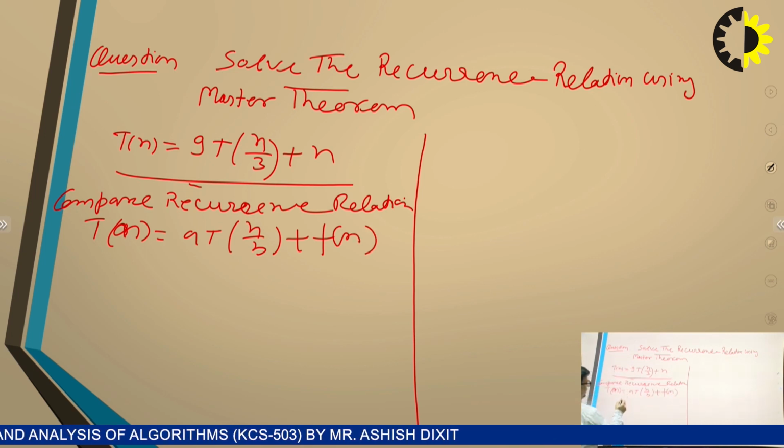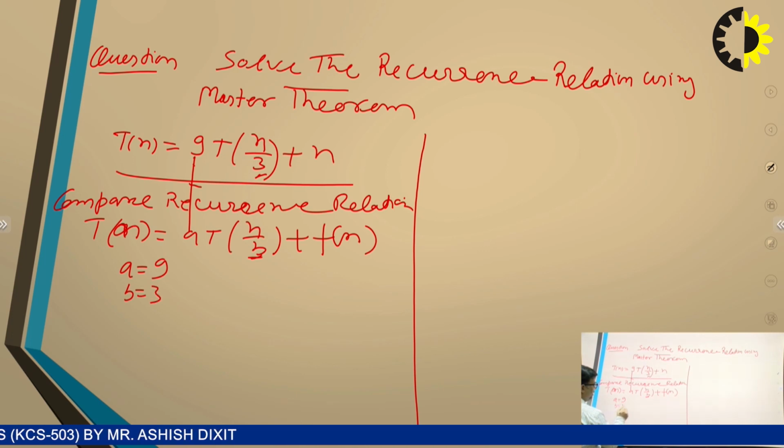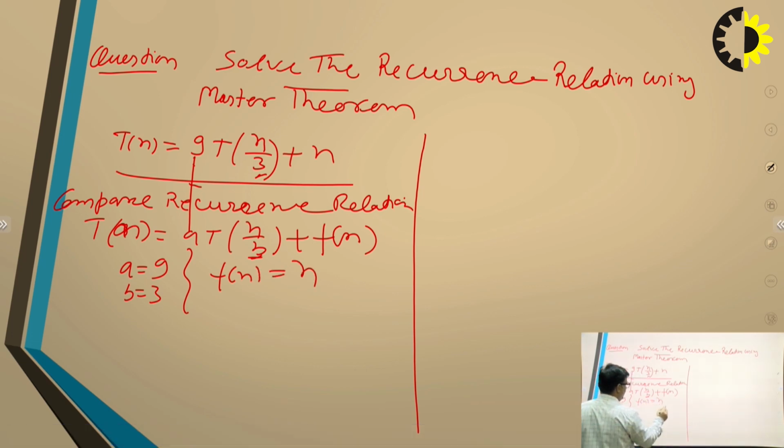So here a is equal to 9, b is equal to 3, and f(n) equals n. Here we will compare all things.